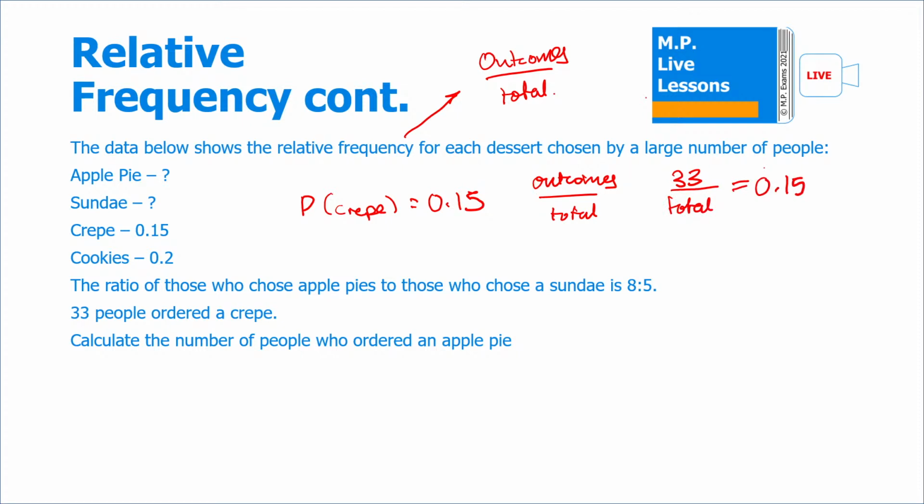If we rearrange this, the total equals 33 divided by 0.15, which is 220. So that's 220 total who ordered anything.